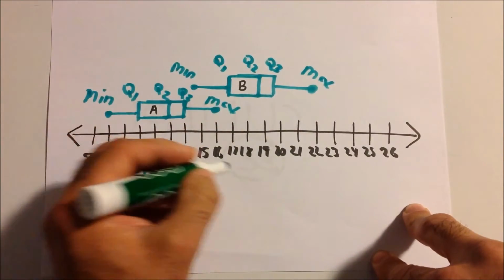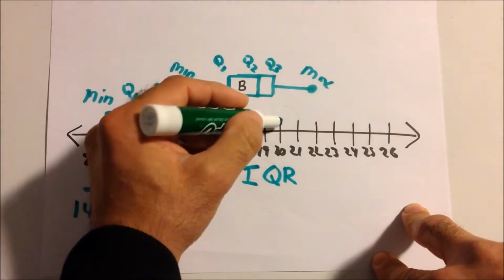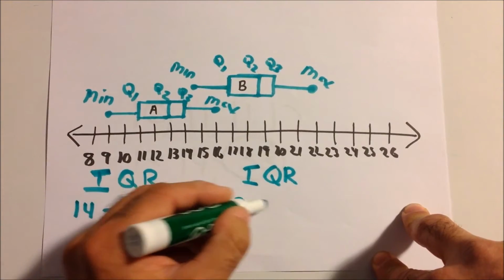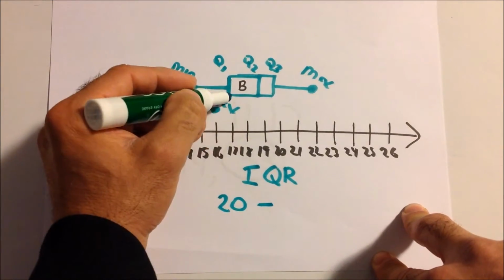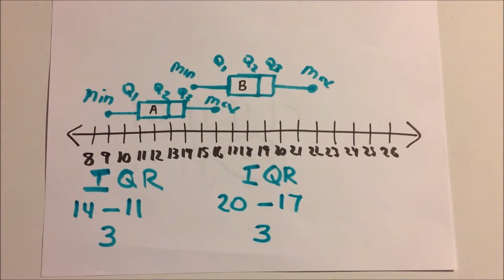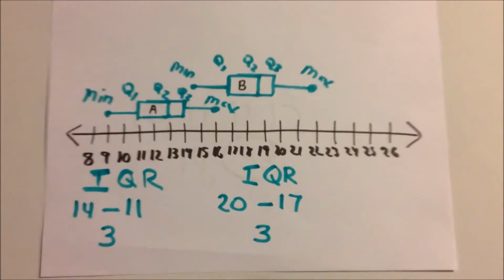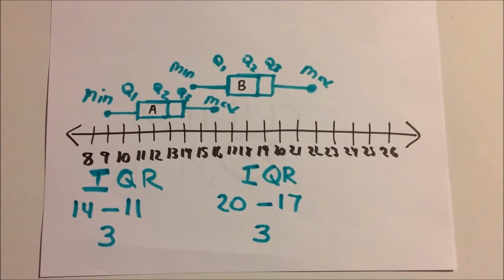And let's look for B. IQR, we have 20 for Q3 and 17, also 3. So you can see that these two data sets have the same variability. So even though they have different numbers, whatever these numbers may mean, they do have the same variability.